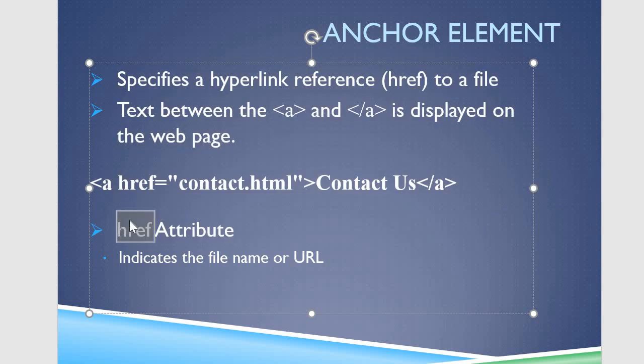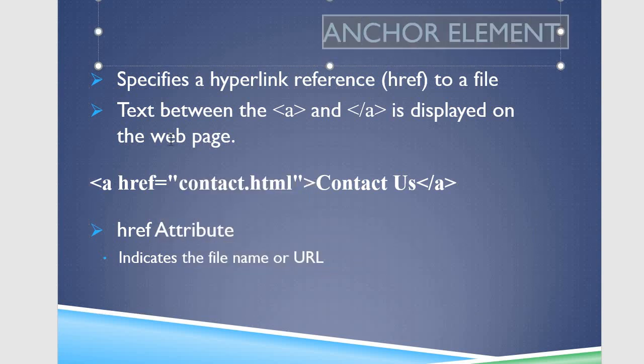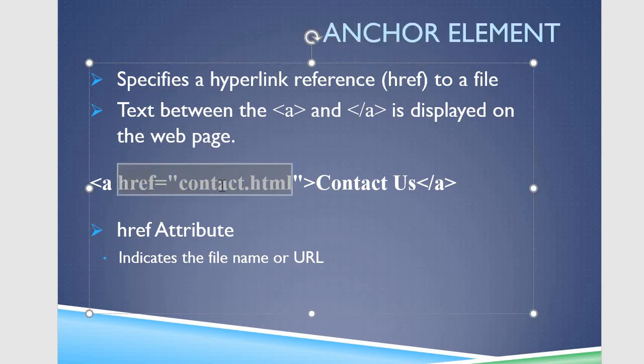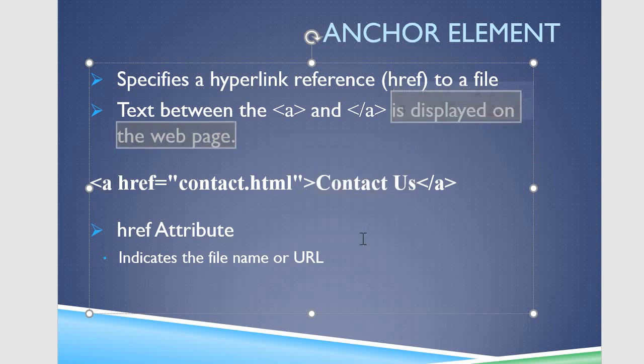See here href; this is an attribute. It indicates the file name or URL. This you have to study. The anchor element specifies hyperlink references to a file. Second, the text between the anchor elements: you see here the text is Contact us, displayed on the web page.